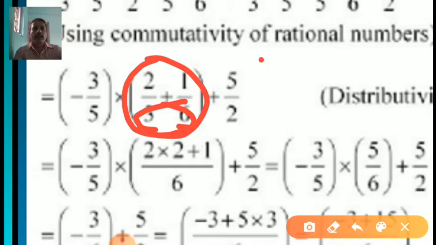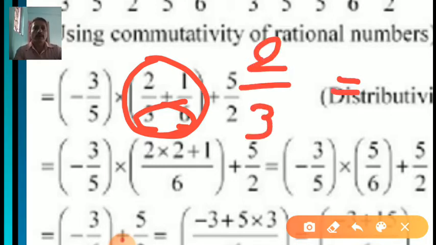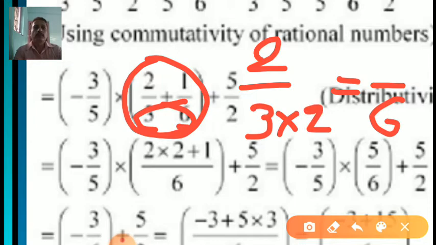I want to make this 2 upon 3 have denominator 6. So what I did here, the denominator becomes 3 to 6. Yes, I have to multiply by 2. If I multiply the denominator by 2, the numerator also has to be multiplied by the same number.